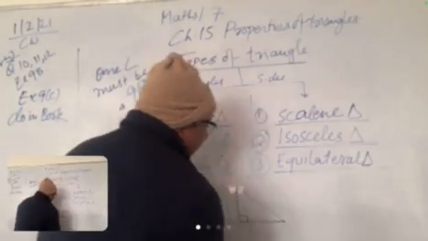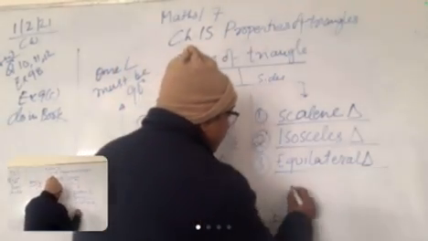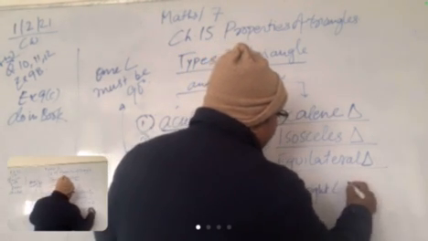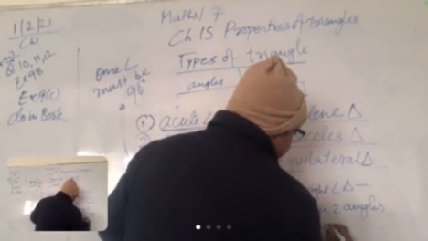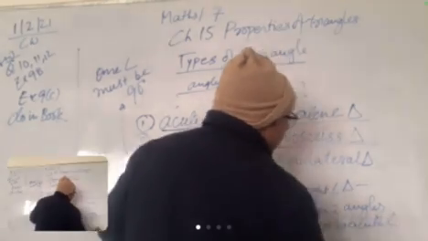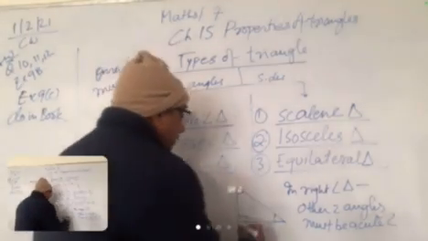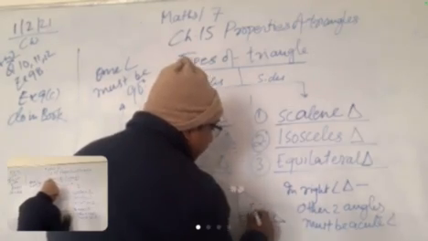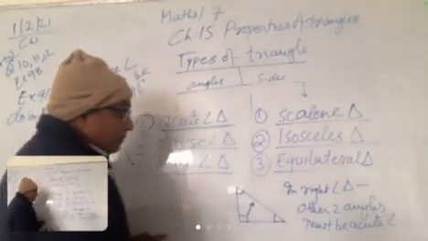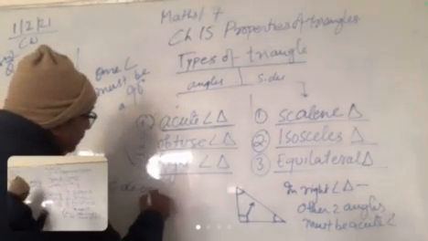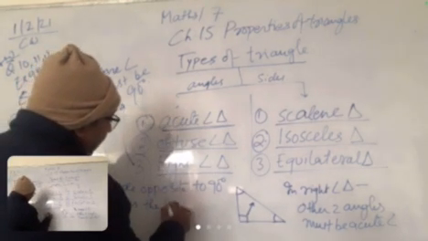One angle must be 90 degree and the other two angles in a right angle triangle must be acute angles. And the side opposite to the 90 degree angle is the longest side in a triangle.